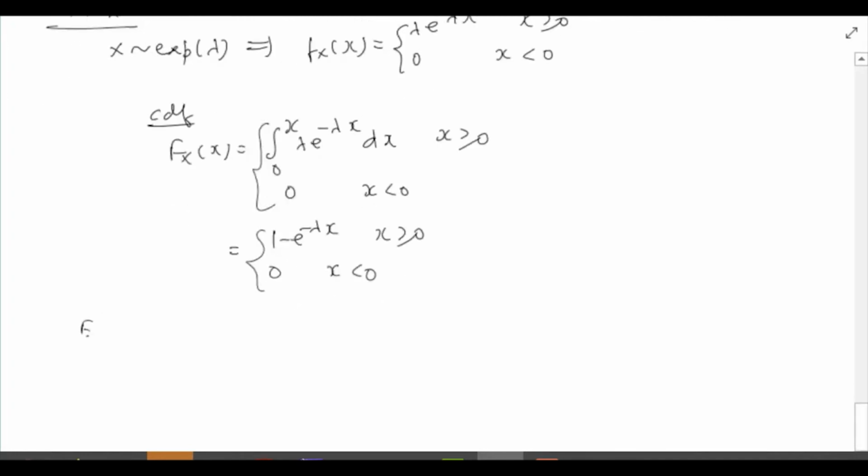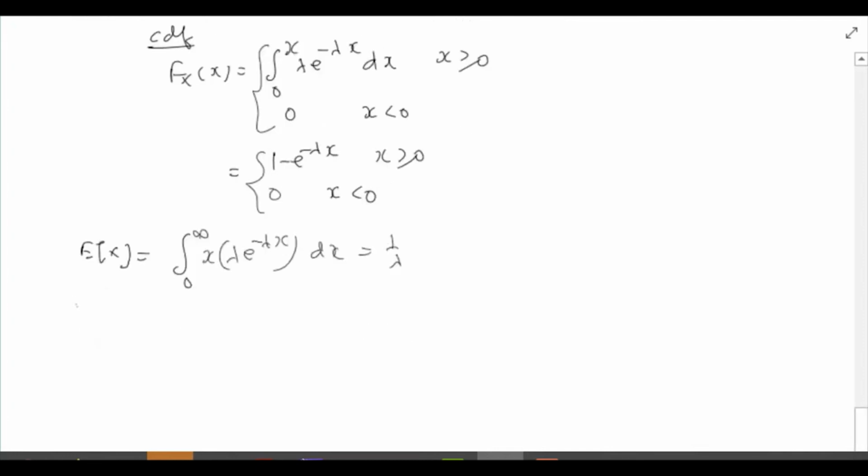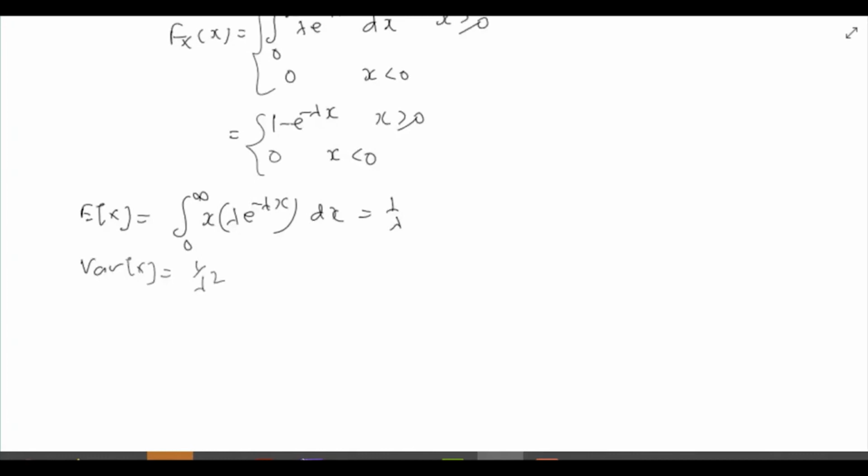The mean of the exponential random variable x can be computed as the integral from 0 to infinity of x lambda e raised to minus lambda x dx, and it turns out to be equal to 1 over lambda. Variance of exponential random variable turns out to be 1 over lambda square. There is an interesting connection between exponential and Poisson random variables.